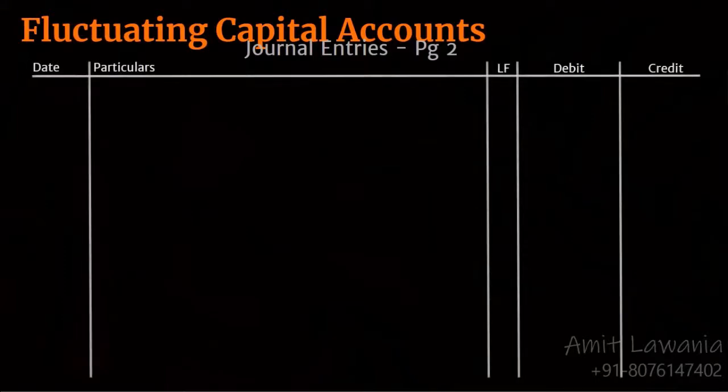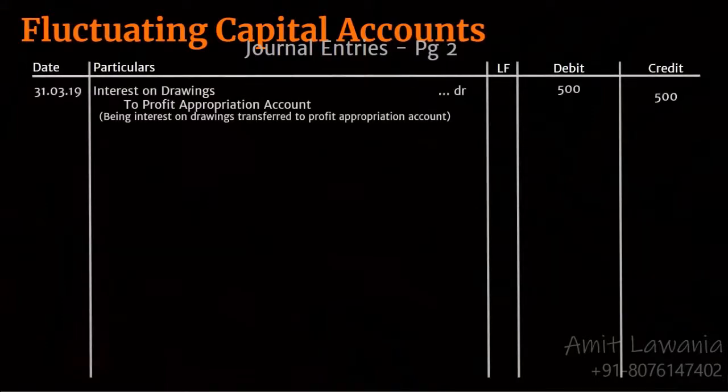Continuing the journal entries, interest on drawings is now transferred to the profit appropriation account. Entry will be interest on drawings, debit to profit appropriation account, and the amount will be rupees 500, which is the total amount of interest on drawings for all three partners combined.